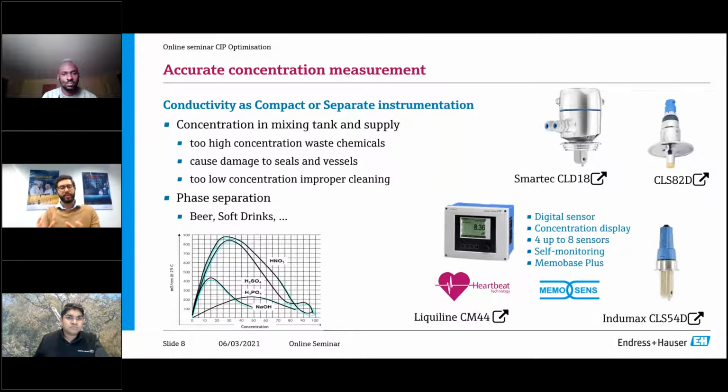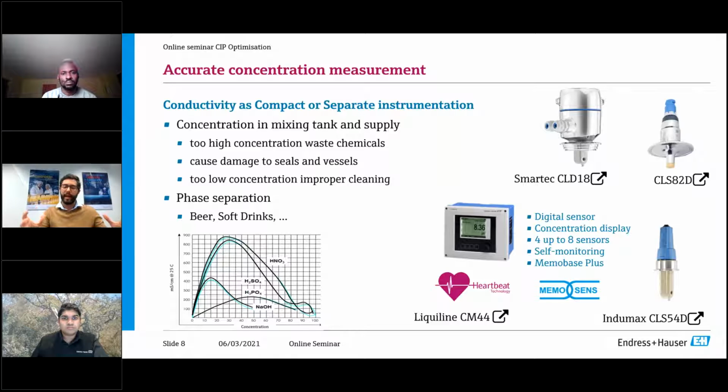You can use a conductivity sensor to identify whether you have water or cleaning solution. Whenever you add an acid, a base, or salt into water, we have a tendency to increase the conductivity, and a conductivity sensor can monitor and control this really well. We also use the conductivity sensor to dose chemicals as well.